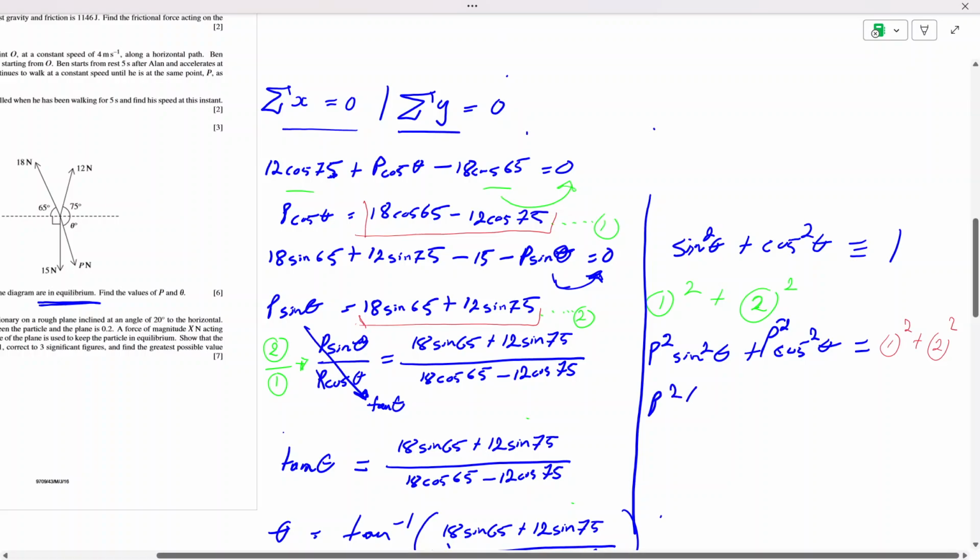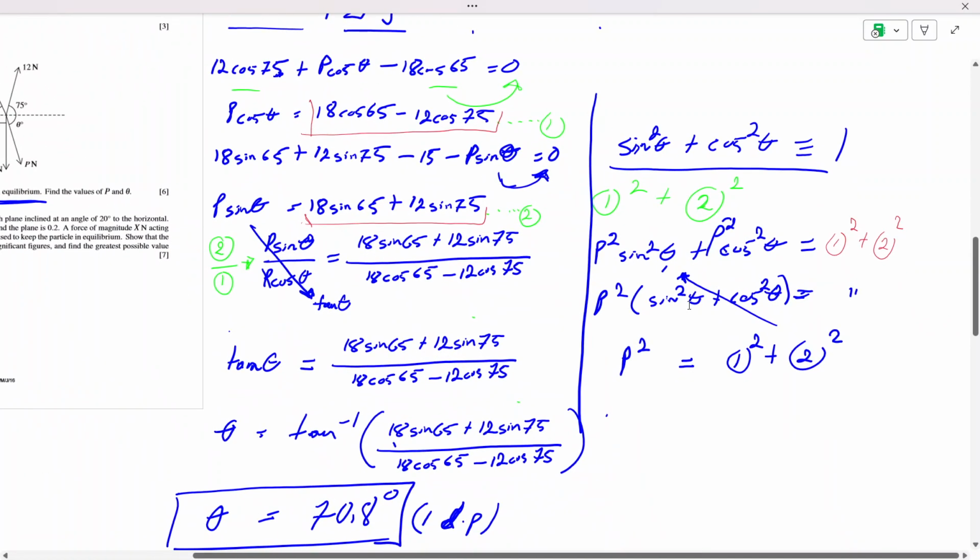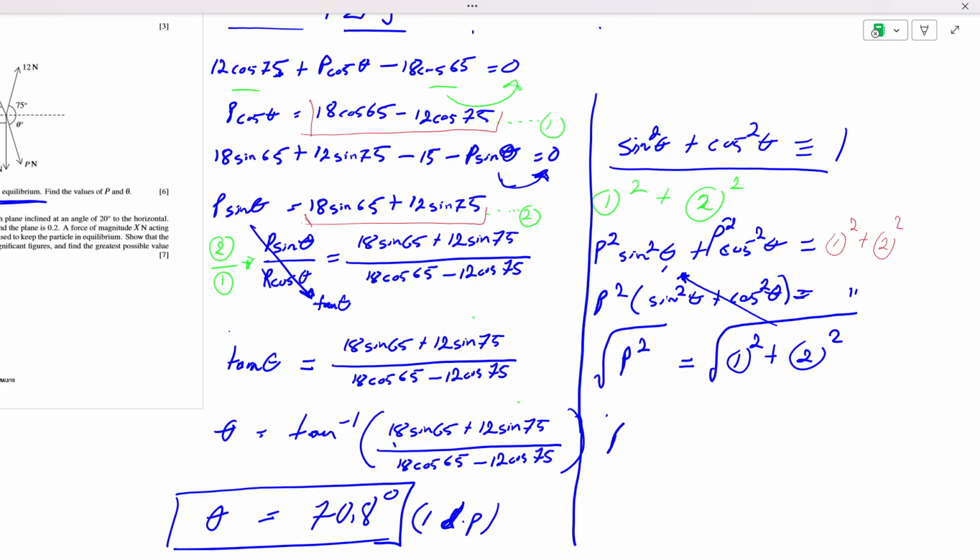Then you're going to have your sine squared theta plus cos squared theta, and using this trig identity, that is just going to be 1. Therefore, P squared is going to be equal to 1 squared plus 2 squared. Then you can square root both sides to get your value for P. P is equal to square root of that.